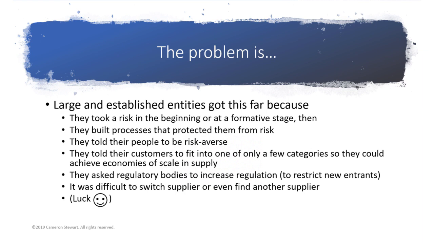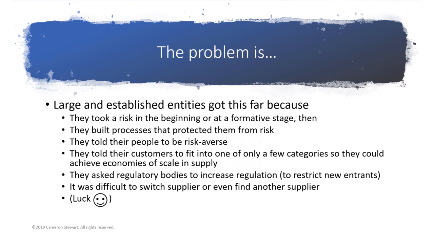And then they decide that they need to achieve an economy of scale in supply. So they reduce the number of products they offer and ask the customers to fit into a category. And eventually they asked regulatory bodies to regulate their industries.